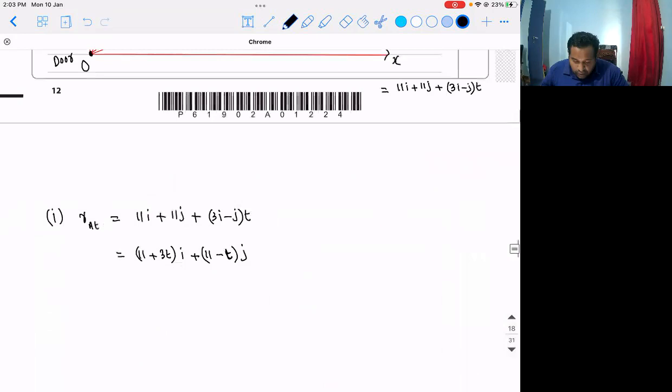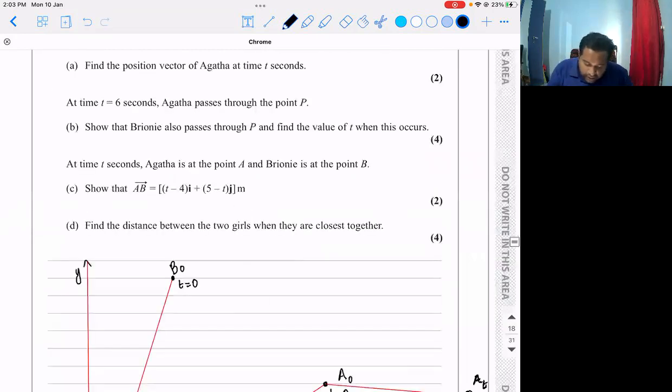Now, show that at time t seconds, Agatha passes through the point P. Show that Brioni also passes through the point P. And find the value of t when this occurs.